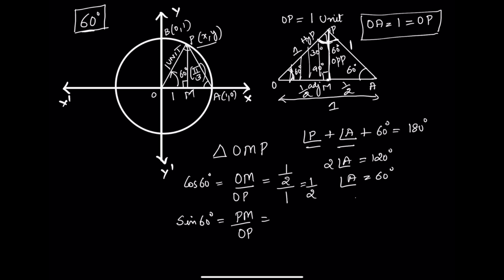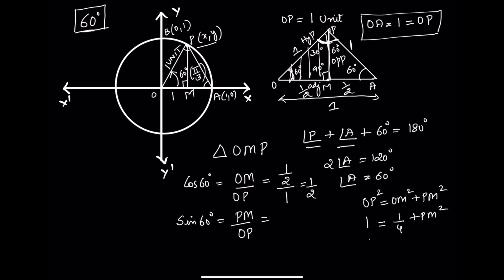So in a right angle triangle, we can apply the Pythagoras theorem. What does it say? OP square is equal to OM square plus PM square. OP square is 1 square, which is 1. OM square is 1 by 2, the whole square, so it is 1 by 4, plus PM square.